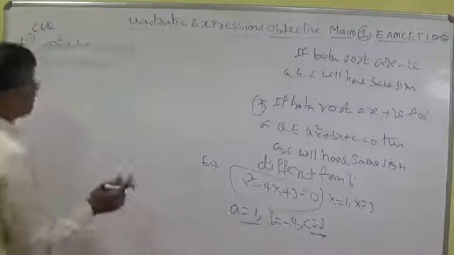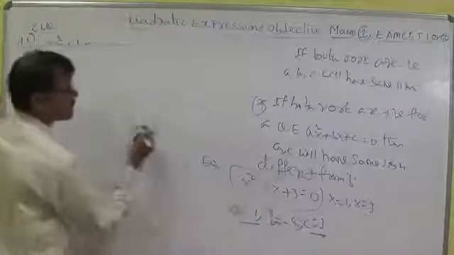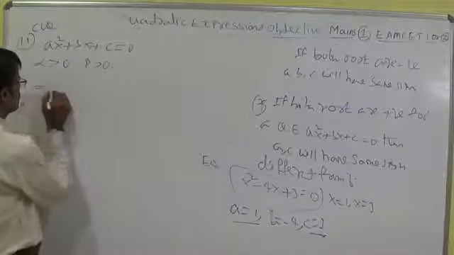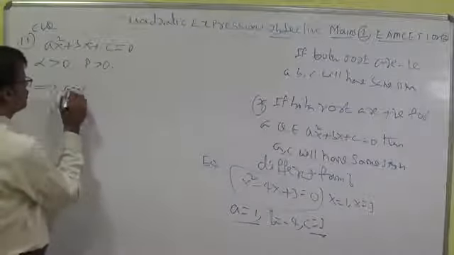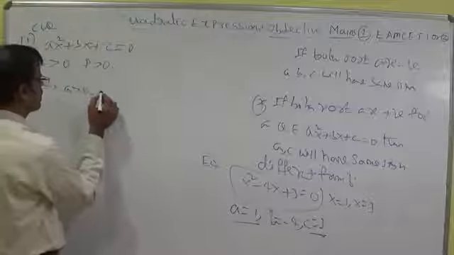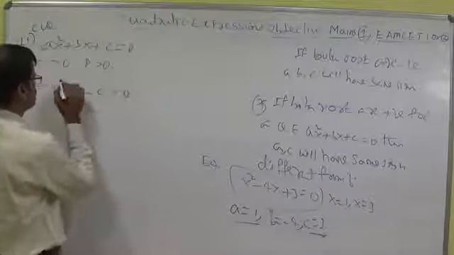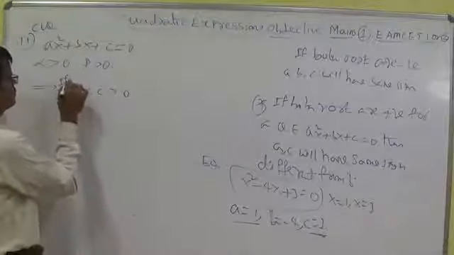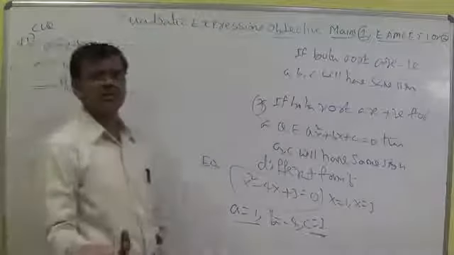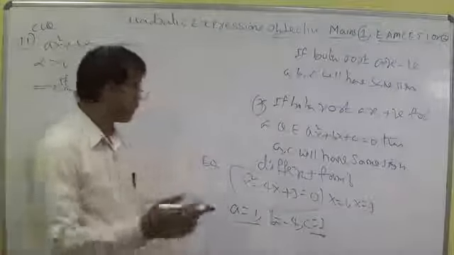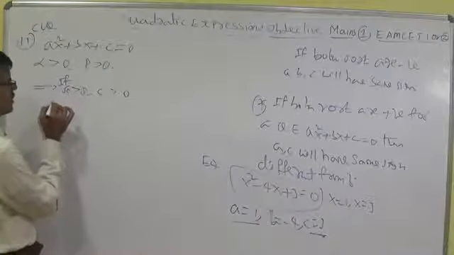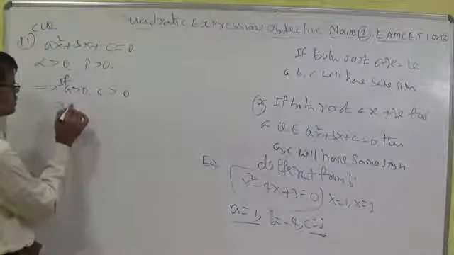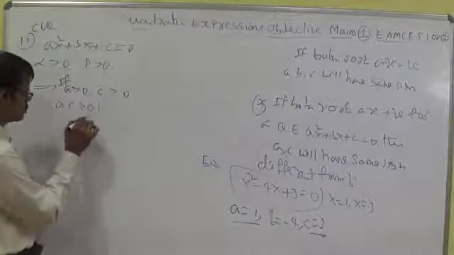Whenever both roots are positive, here we are discussing that a, c will have the same sign. So if you take a greater than 0 and c greater than 0. We should not confirm, maybe a less than 0, c less than 0 also you can write. If a greater than 0, c greater than 0, then ac greater than 0.